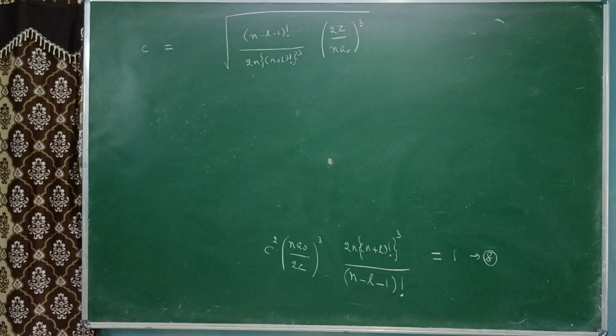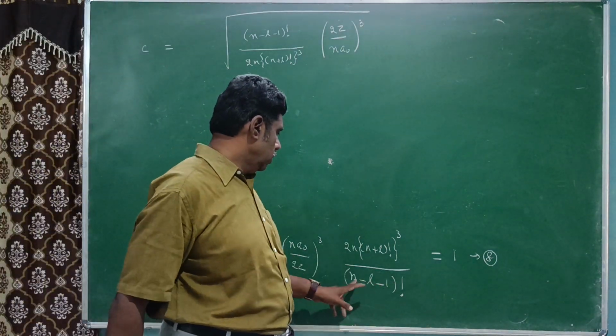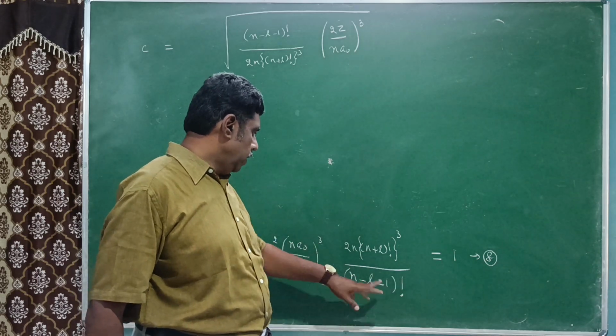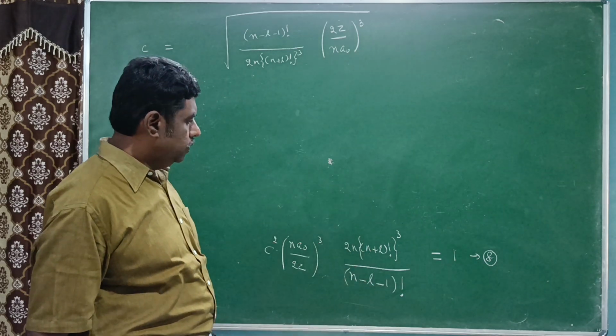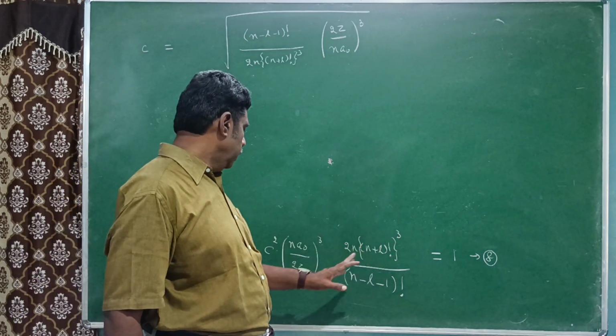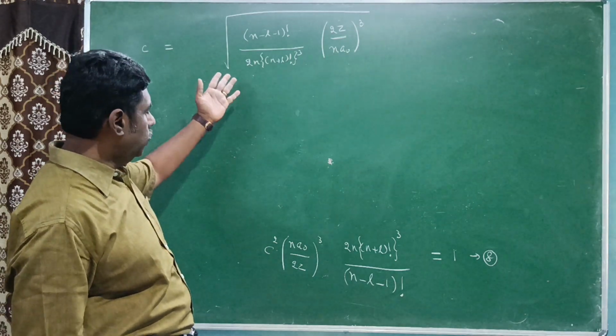From this we have arrived at the value of C. C² is (n minus l minus 1) factorial by 2n (n plus l) factorial whole cube into (2Z by n a0) whole cube. Then C equals the root of this quantity.